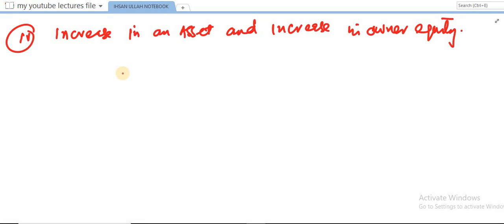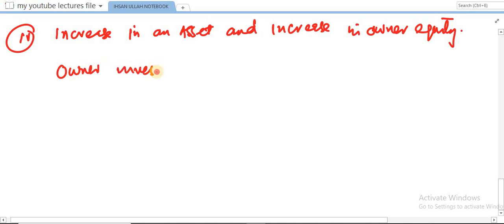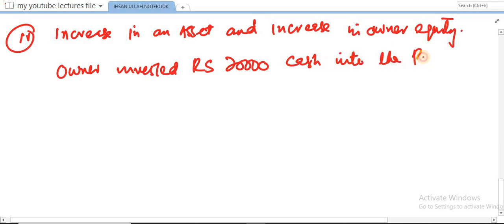So let's say the owner invested 20,000. Owner invested, let's say Rs 20,000 cash into the business.